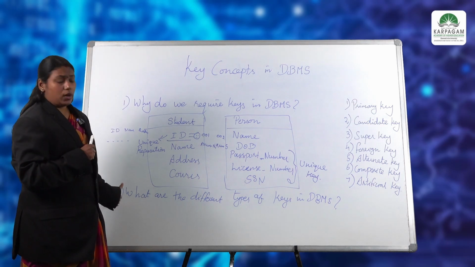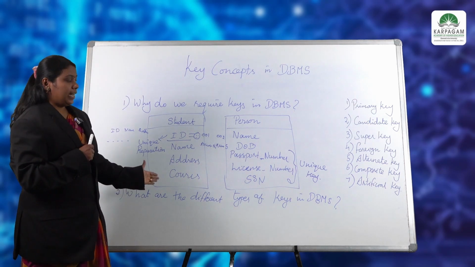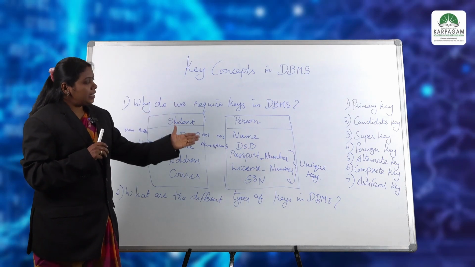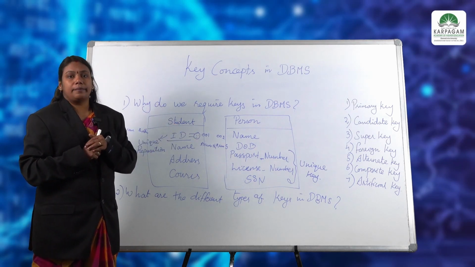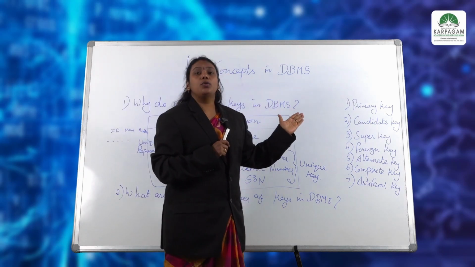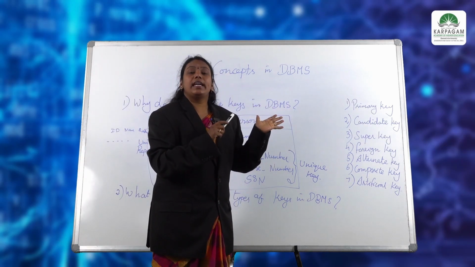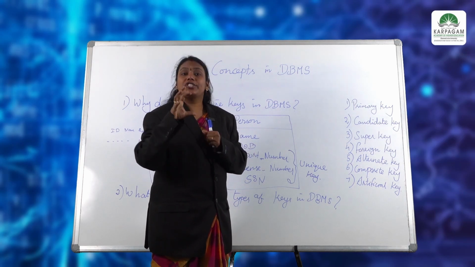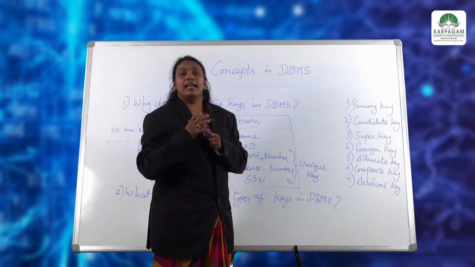Next we will move on to the different types of keys in DBMS. There are seven different kinds of keys, and these keys are very important to connect one table to another table, which helps in fetching all the data in the table.